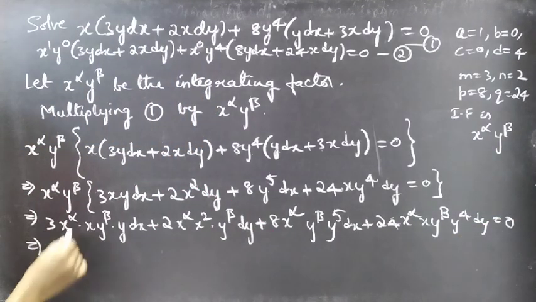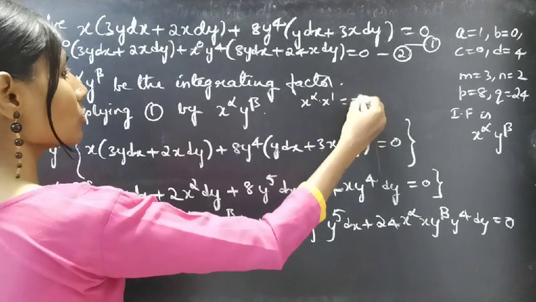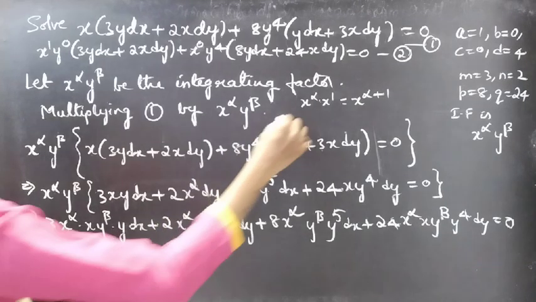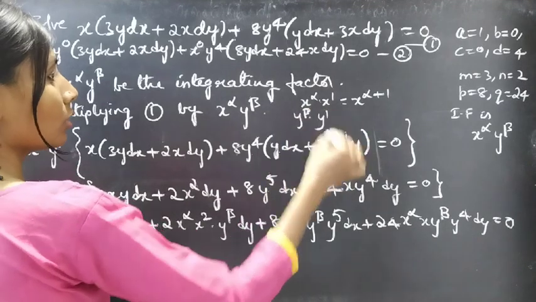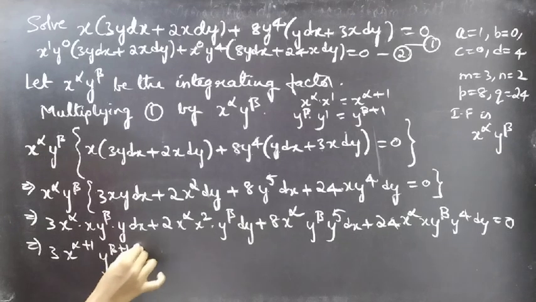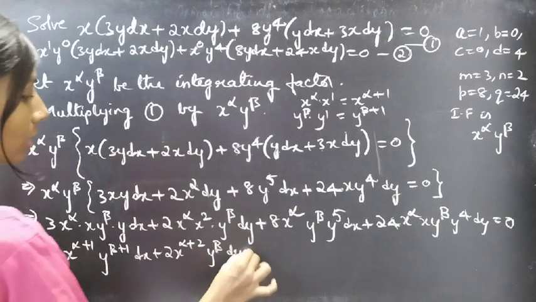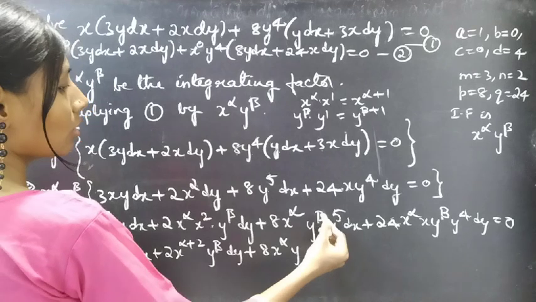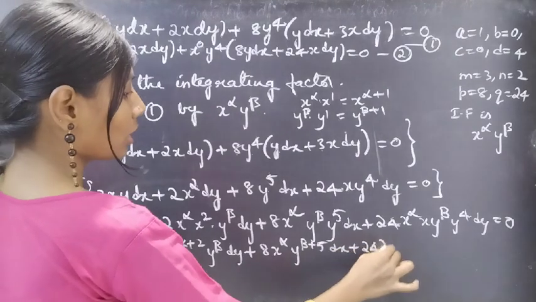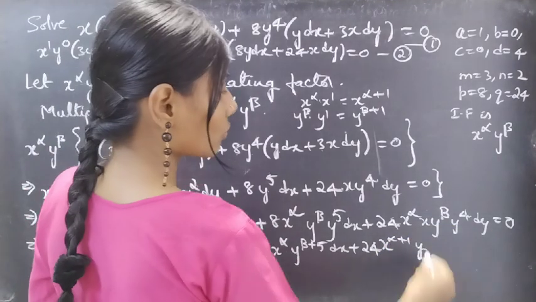Now this gives us 3 into x^α into x. You can write this x as x¹; bases are equal, so add the powers, you'll get x^(α+1). y^β into y: you can write y as y¹, just add the powers, you'll get y^(β+1), into dx, plus 2 into, add the powers, α+2, y^β dy, plus 8 x^α into y, add these two powers, you will get y^(β+5), into dx, plus 24 x^α into x¹ gives x^(α+1), into y^β into y⁴ gives y^(β+4).